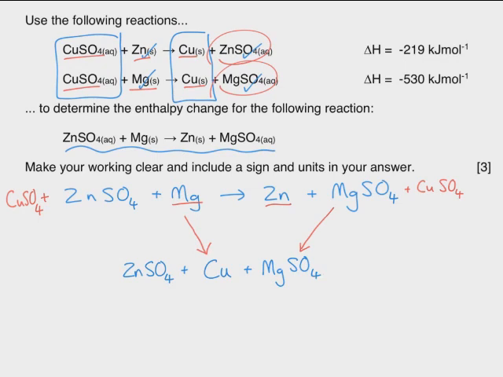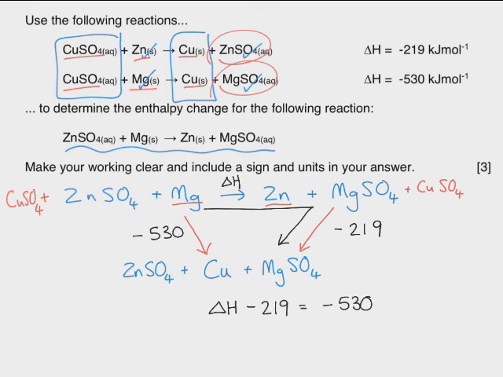So now I just need to put the corresponding enthalpy changes next to those reactions, making sure I get it the right way round. So zinc was the minus 219, magnesium was the minus 530. Delta H is what I'm trying to find. Using the arrow method, delta H plus minus 219, I didn't bother putting the plus in, equals minus 530.